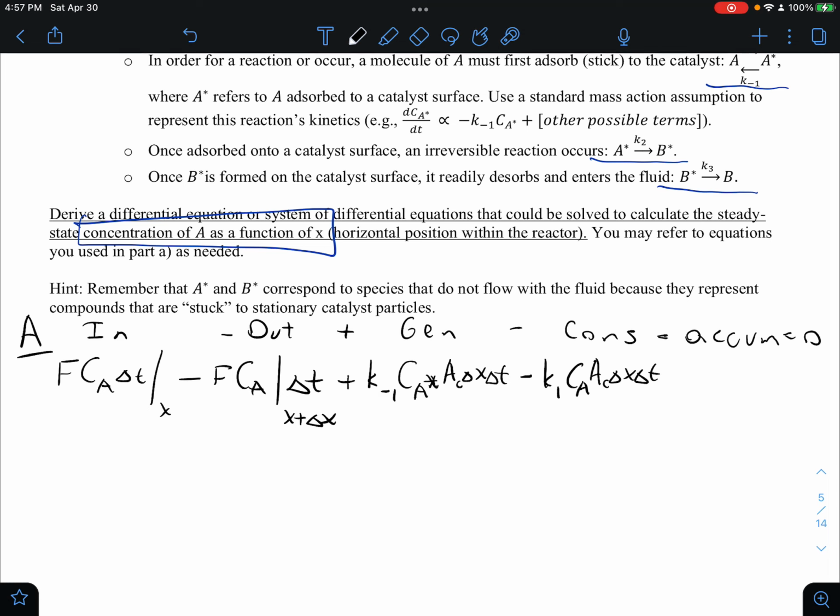So we need to divide through by delta x, and I'm going to move these terms to the other side and then flip. Well, I'm going to play with negative signs.